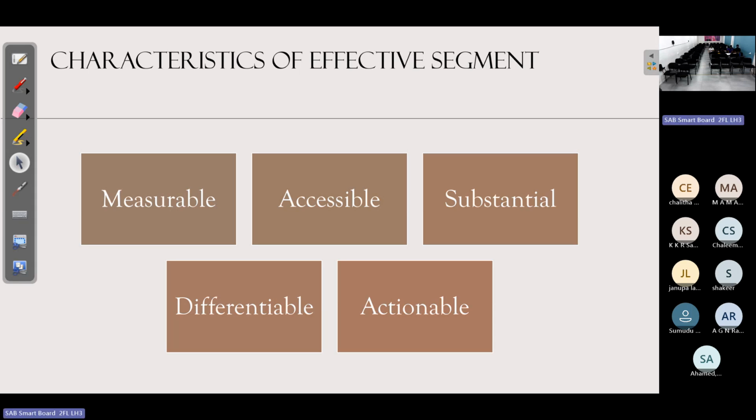Means once we divide into different segments, we are going to select only a few of them. So when we are selecting, we have to consider these characteristics, right?